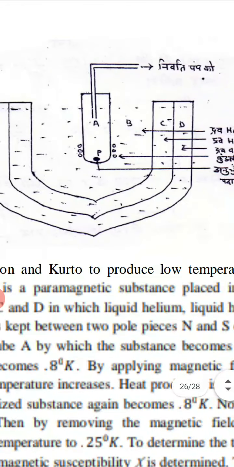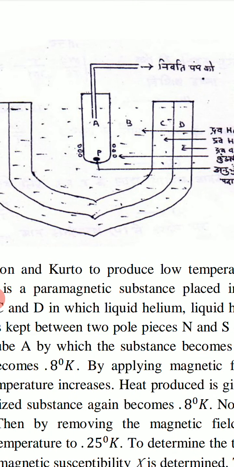When we apply the magnetic field by the electromagnet, the temperature of this paramagnetic substance will increase, but it is in thermal contact with liquid helium, so it gives heat to liquid helium, and after some time its temperature again becomes 0.8 degree Kelvin, that of liquid helium.